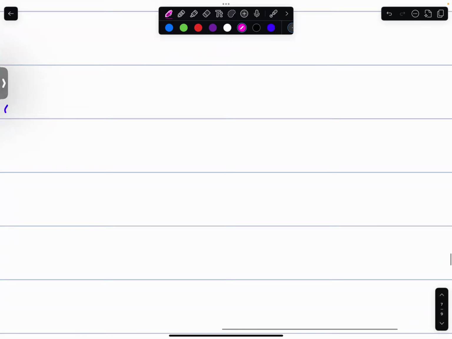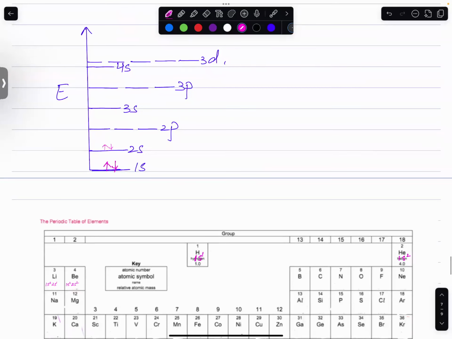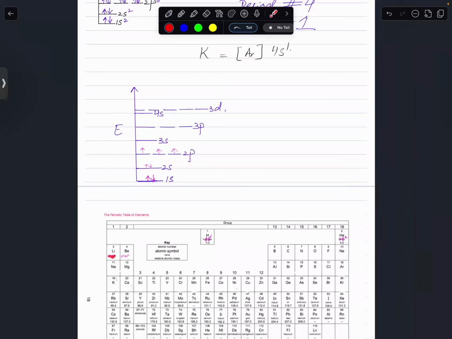Boron. For boron, there are 5 electrons. So 1s2, 2s2, and 2p1. In carbon, it becomes 2p2. In nitrogen, it becomes 2p3. And in oxygen, it becomes, okay, wait. When it was 2s1, 1 unpaired. 2s2, both paired.